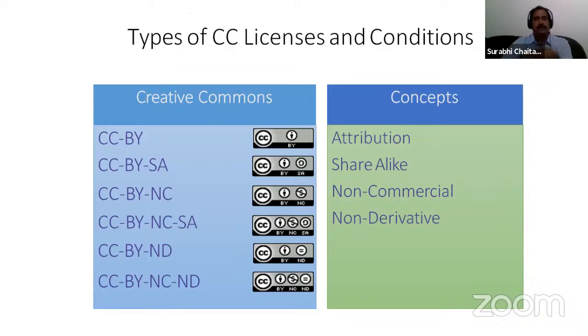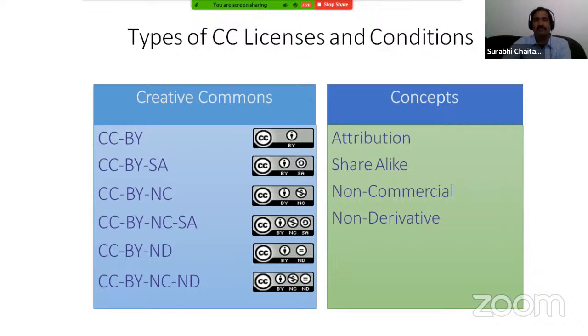And here there is another option for us, ND. That means non-derivative. There is a restriction. Now we cannot reuse them. We can remix them, and as it is, we have to use. And if we are sharing also, as it is, we have to share. We should not make any modification and share. We have to be careful wherever the ND option is there in Creative Commons. CC ND, CC NC ND.